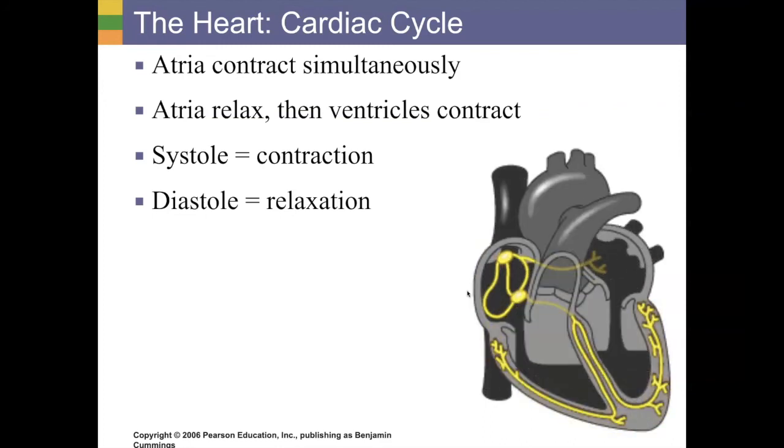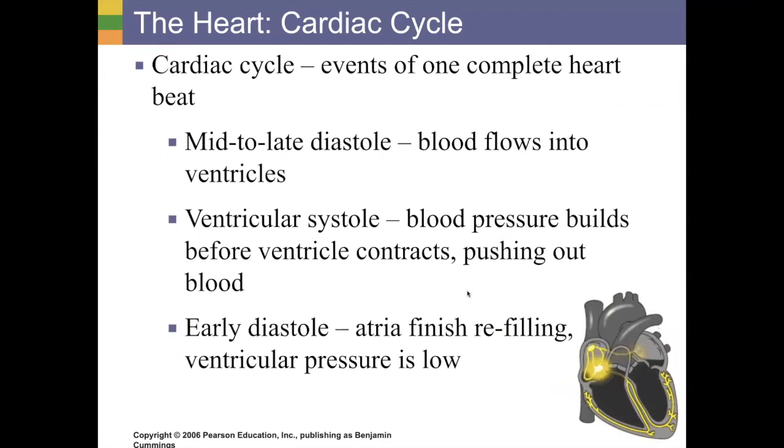And so we look back at that little diagram that we had, and we saw these phrases: mid to late diastole, ventricular systole, and early diastole. Mid to late diastole is the beginning of our cycle, where we see that blood is flowing into the ventricles.